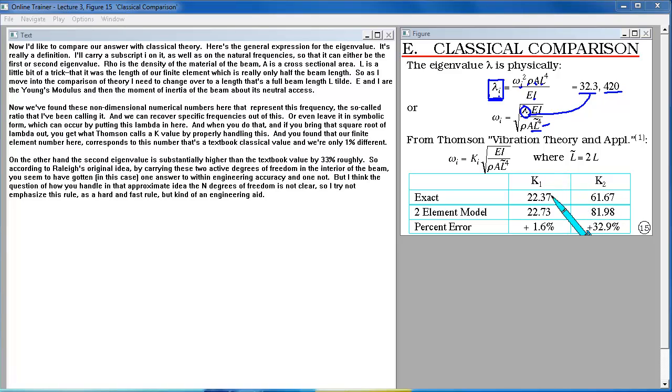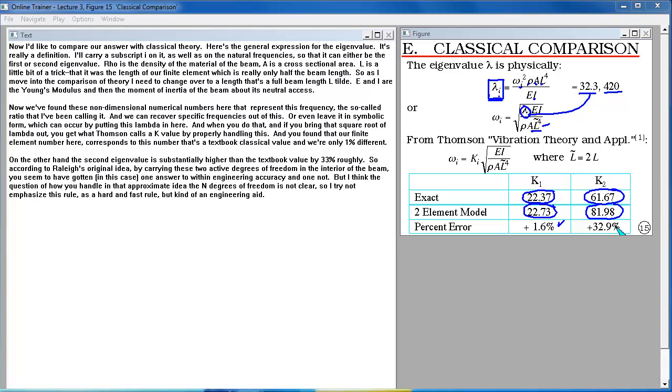And you found that our finite element number here corresponds to this number that's a textbook classical value, and we're only 1% different. On the other hand, the second eigenvalue is substantially higher than the textbook value by 33% roughly.